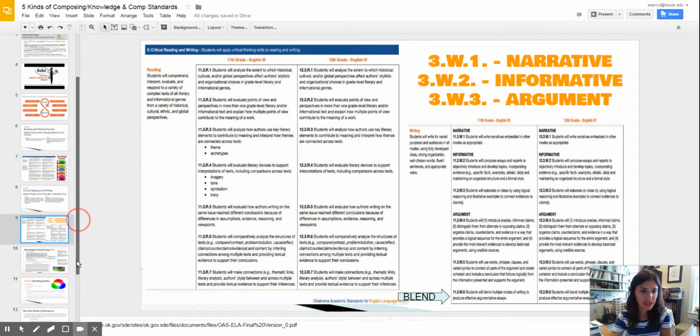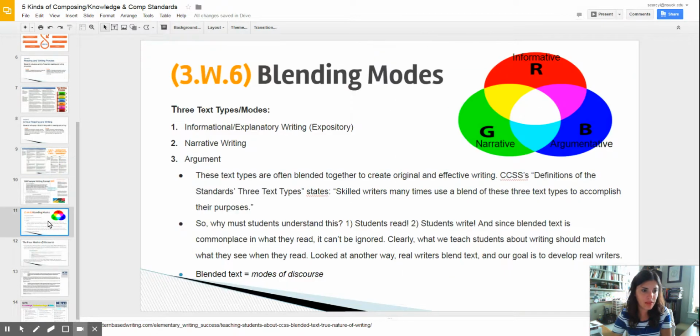So in talking just a little bit more about the blending of writing, I kind of thought about it as a paint wheel, in that you have your 3 primary colors, just like we had our 3 primary modes.